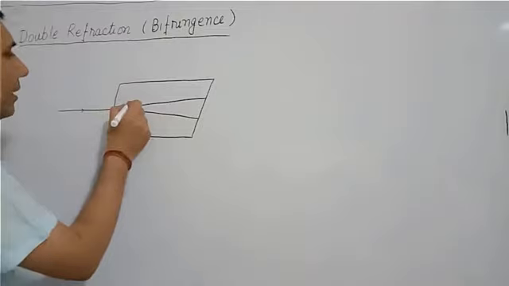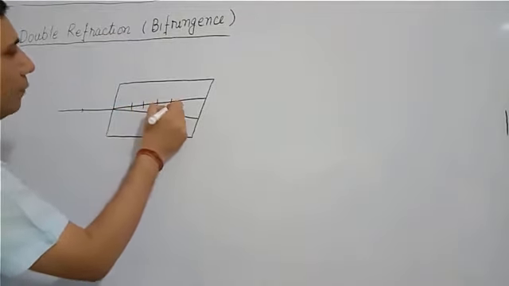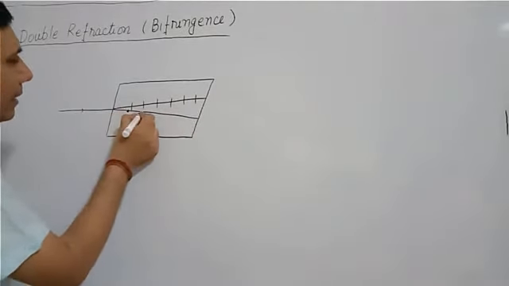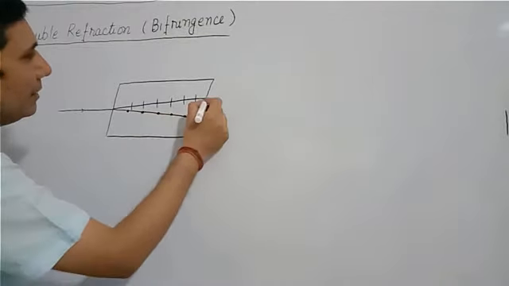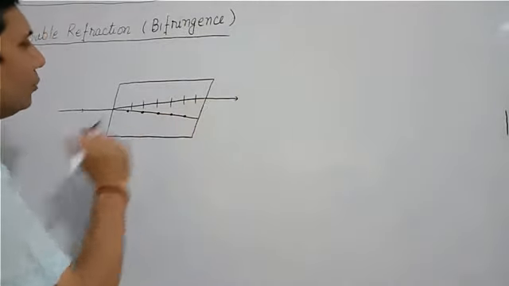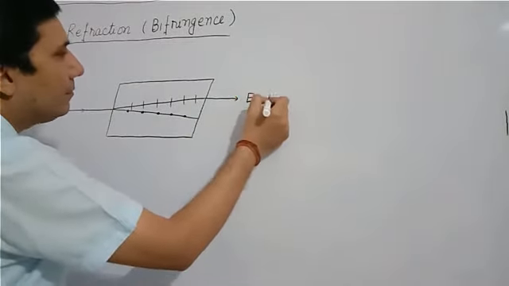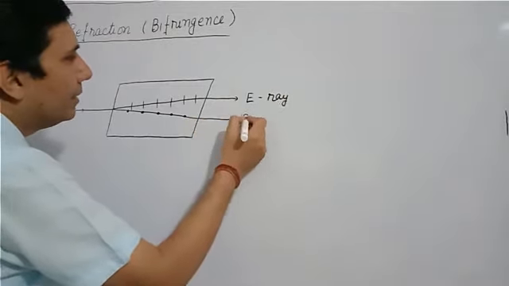In one ray, you will find electric vectors are parallel to the plane of incidence, and in another, electric vectors will be perpendicular to the plane of incidence. And out of these two refracted rays, one is known as E ray and another is known as O ray.